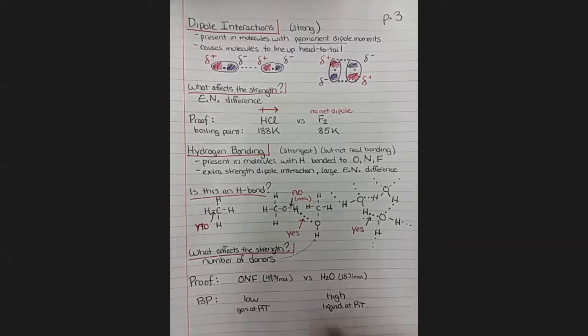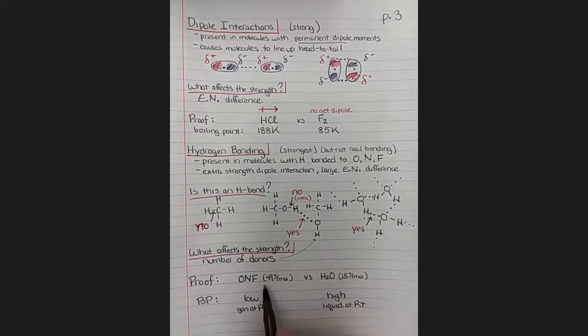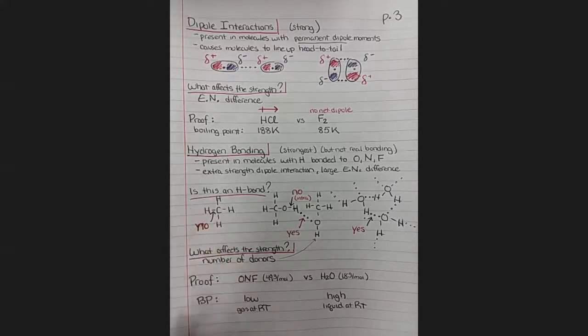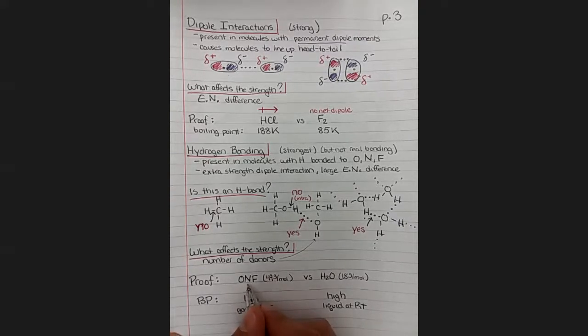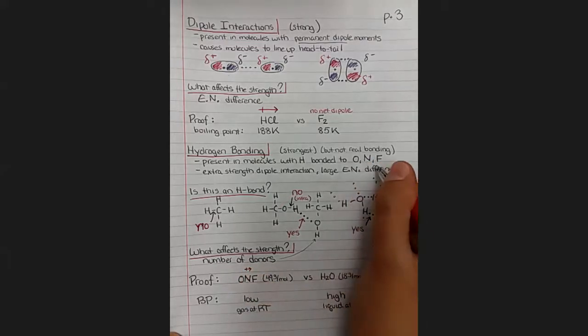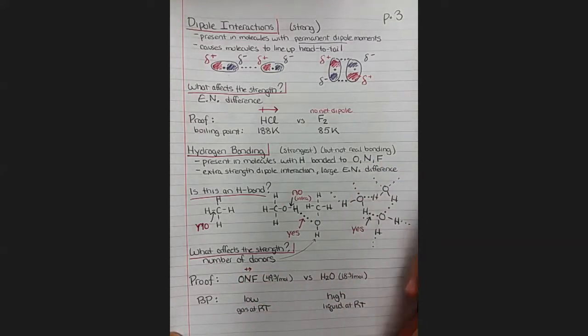So how can we explain that? If the dispersion forces predicted that this molecule would have the higher boiling point and it actually has the lower, then we need to think about something else. We need to think about the hydrogen bonding, the extra strength dipole present in this molecule. So we could draw a slight dipole in this molecule because fluorine is slightly more electronegative than the other two, but it would be a pretty small one because these are the three top most electronegative elements that we know.